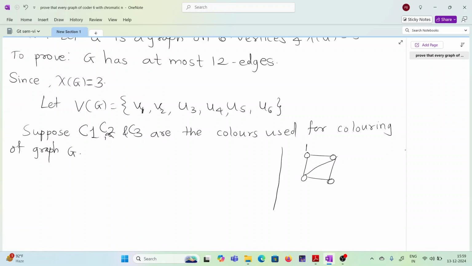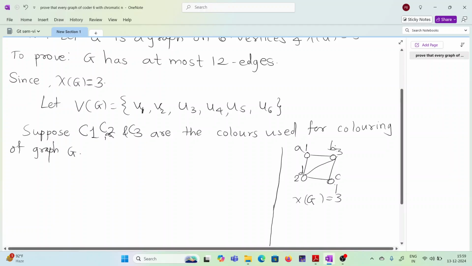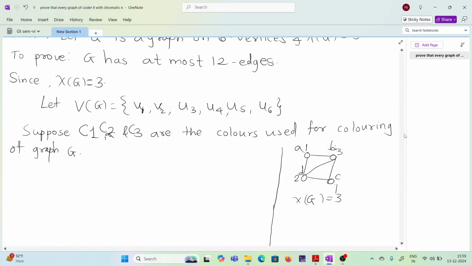I can color one vertex 1, I can color another 2, another 3, and I can give color 1 to this vertex. So for this graph G, the chromatic number is equal to 3. Suppose the vertices are A, B, C and D. So I can partition the vertex set into 3 parts.